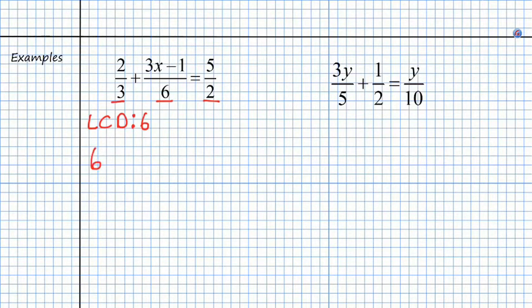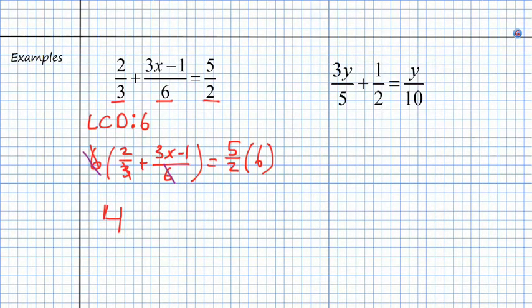So we have 6 times 2 over 3 plus (3x minus 1) over 6. And then on this side we have 5 over 2, and that's going to be multiplied by 6. So this will end up being 2 times 2 is 4, right? Because the 6 and the 3 cancel, and doubly so, the 6 and the 6 cancel.